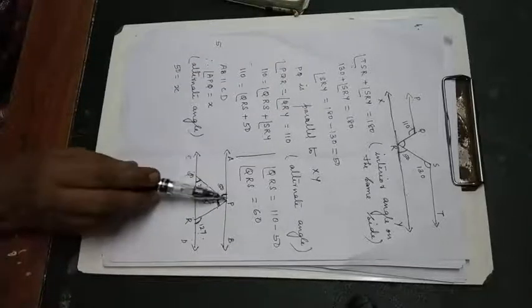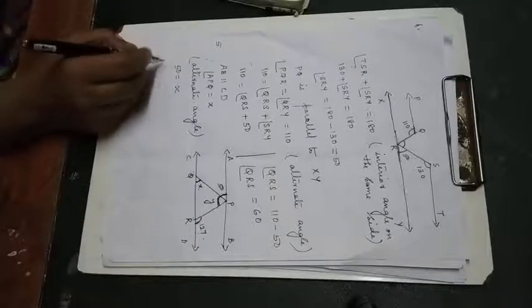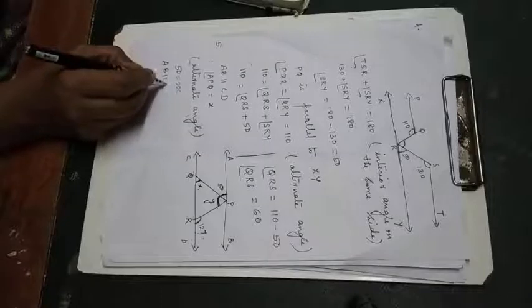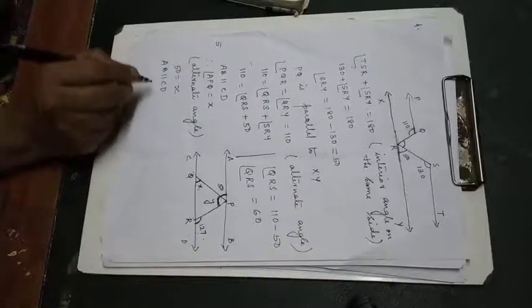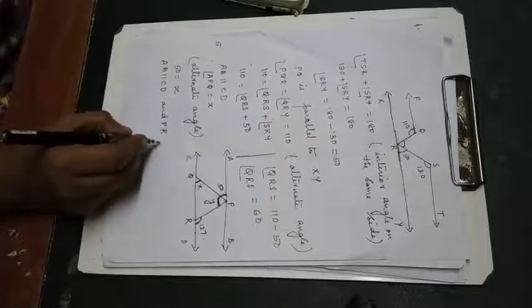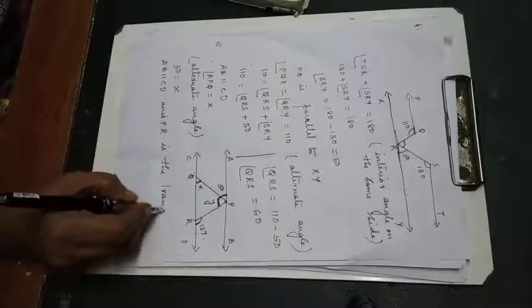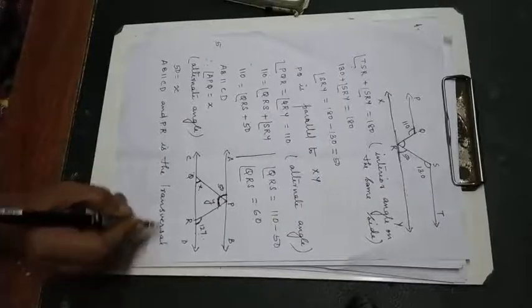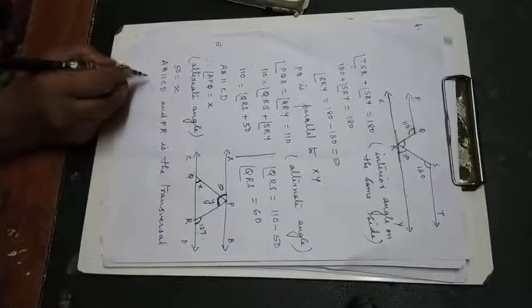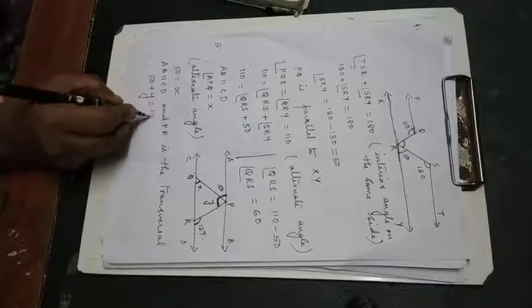So this angle APR will be equal to PRD. Okay, so write AB is parallel to CD and PR is a transversal. Therefore 50 plus y will be equal to 127.